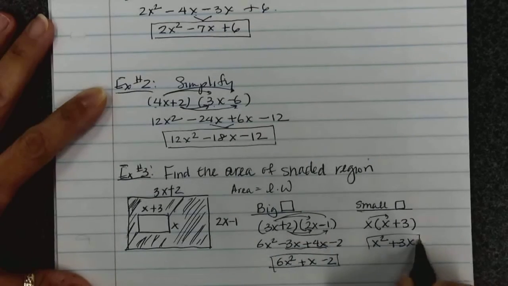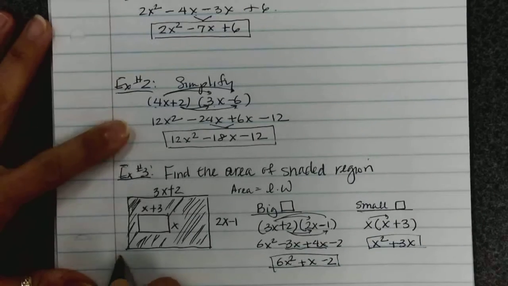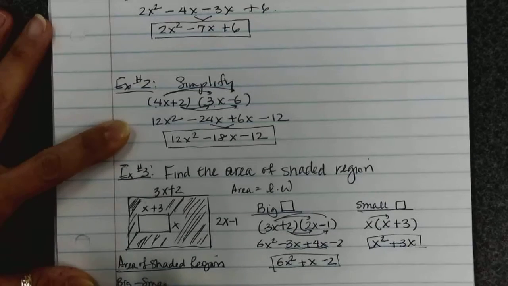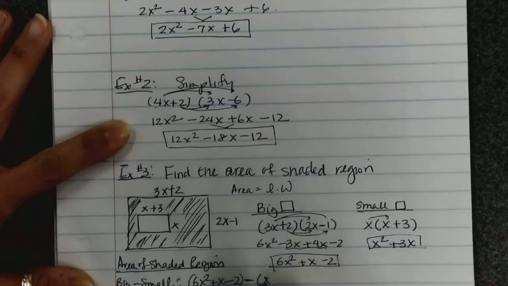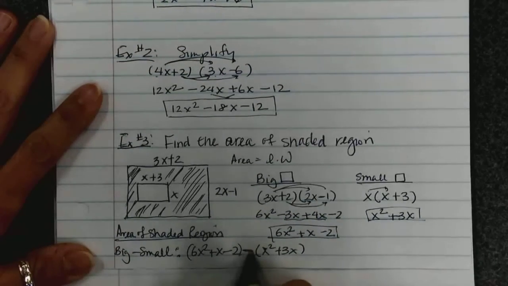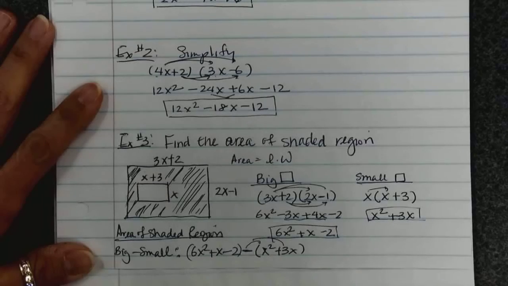This is the area of the small rectangle. So we're going to take those two areas. Area of shaded region is the big minus the small, which then becomes 6x squared plus x minus 2, and we're going to subtract x squared plus 3x. Remember from section 1, when we're adding and subtracting polynomials, when we subtract, we have to distribute the negatives in.